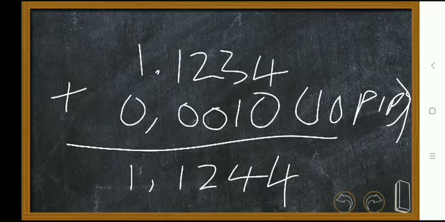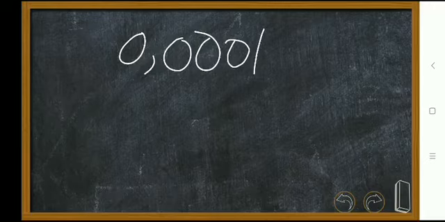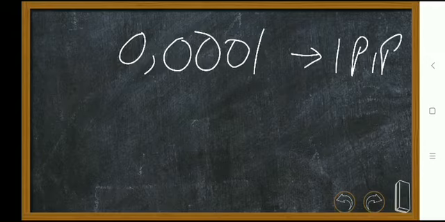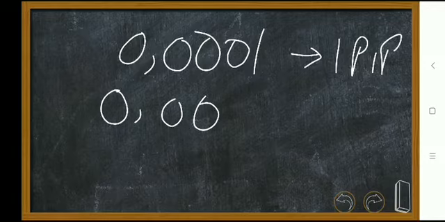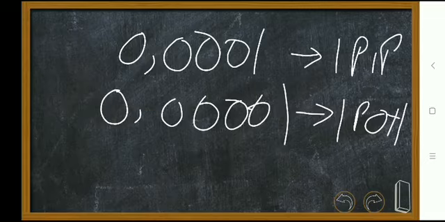So if you're asked to add 1 pip, then this will be a 0, then this will be a 1. So okay, let me start like this. This is 1 pip. I hope I'm making sense. Then this 0, 0, 0, 0, 1, that's 1 point. Can you see the difference?